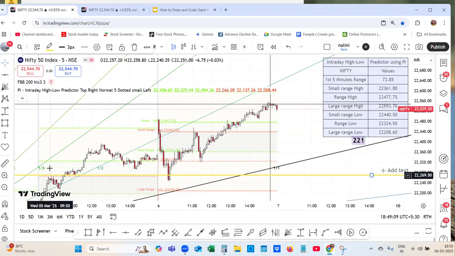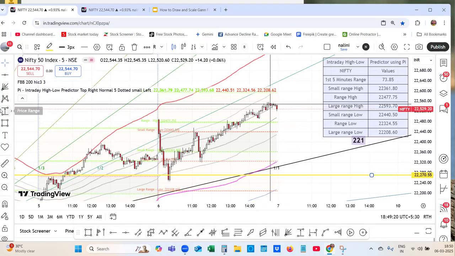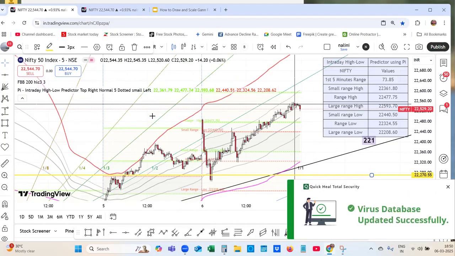So let me remove this. I'm enabling the pi, Fibonacci with the Bollinger Band. You can see the price is above the Bollinger Band. Everything is very, very confirmative.